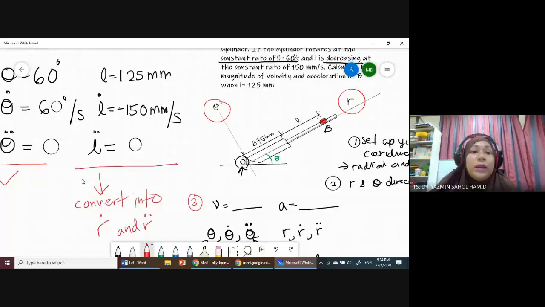Now, what is R? As you can see, R is from here, from 0 until the end here. Let me use another color.